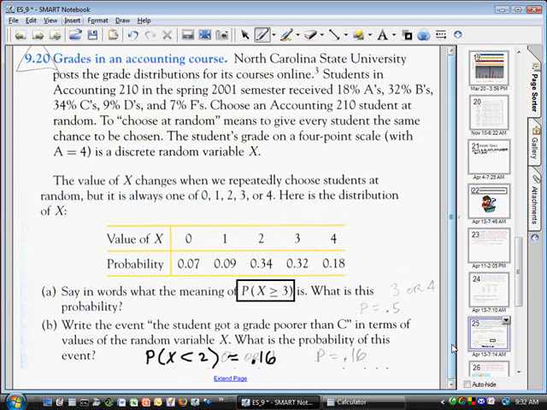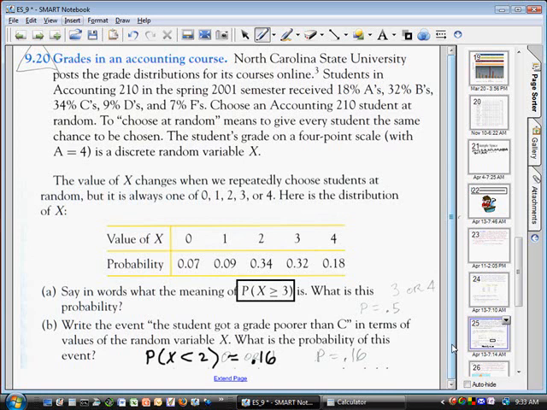The student's grade on a 4-point scale, A being 4, B being 3, C being 2, D being 1, F being 0, is a discrete random variable x. The value of x changes when we repeatedly choose students at random, but it is always one of 0, 1, 2, 3, 4. Here's the distribution of x.